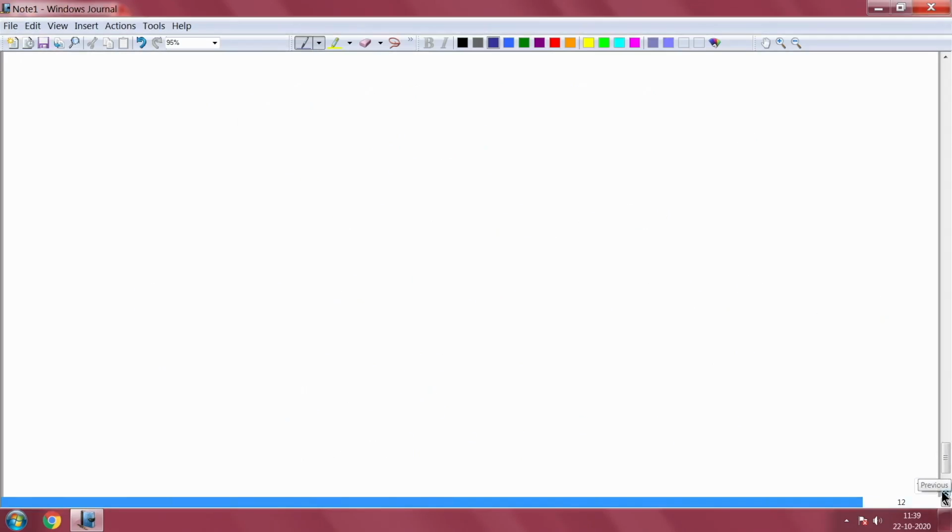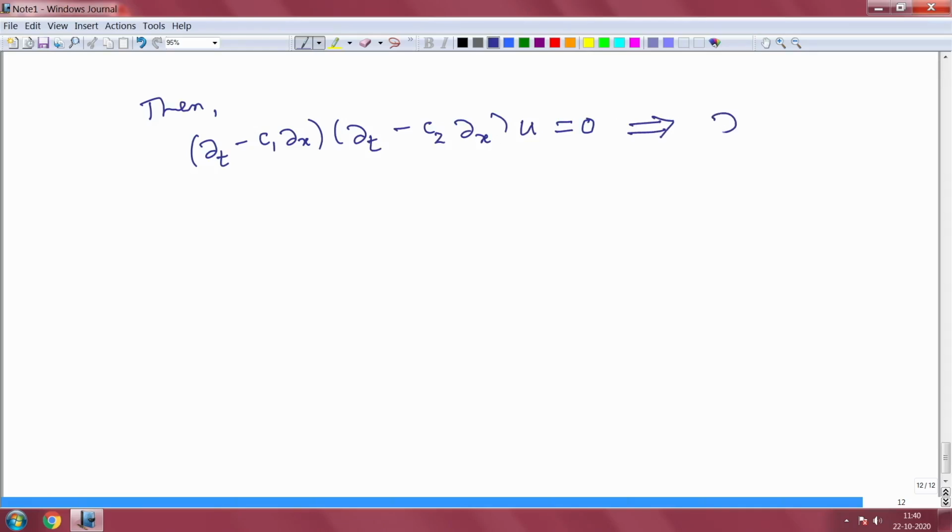Okay. So, similar computation to what we did earlier. Then del t minus C1 del x, del t minus C2 del x u equal to 0 implies del xi tau u equal to 0.